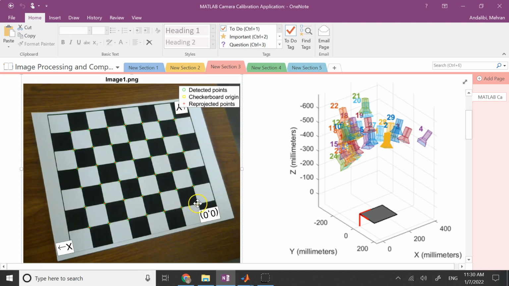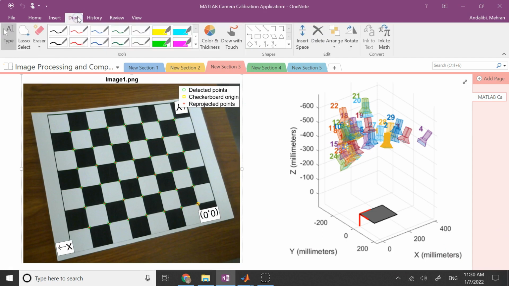If this point is 0, 0, and this is the x-axis, and the upward direction is y, what's the coordinate of this point here? Let me show you. So this point, the x, y, z for it is 0, 0, 0, right? What is this point? Well, that's along the x-axis, and each side is 29 mm, so that is 29, 0, and 0, right?